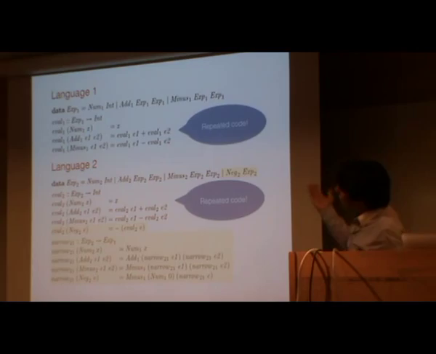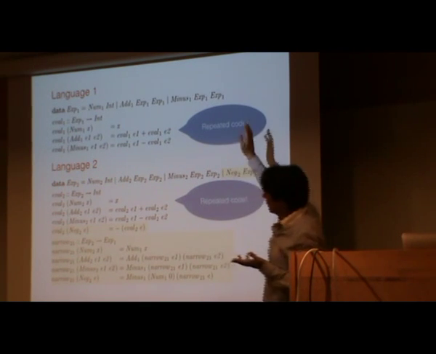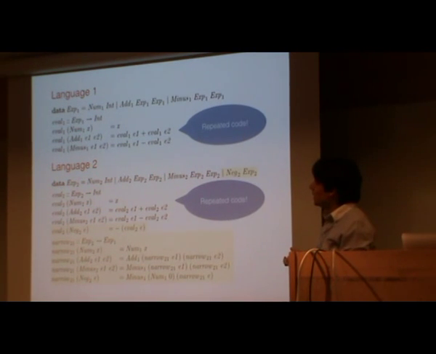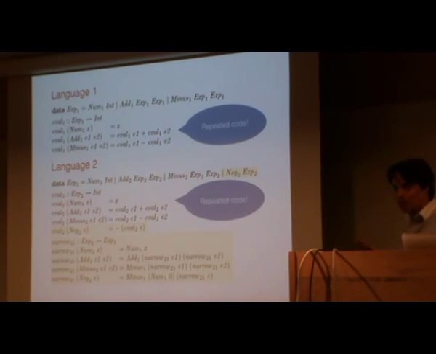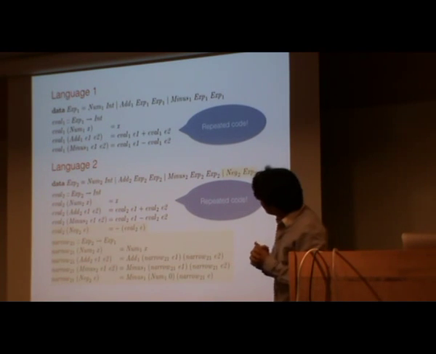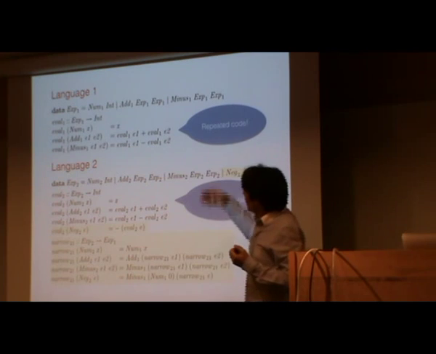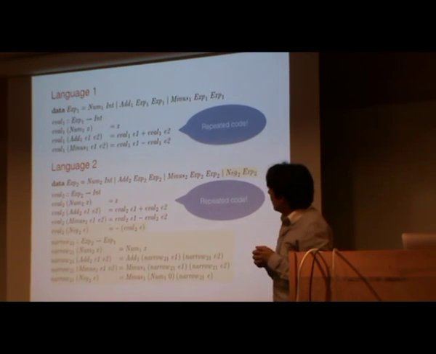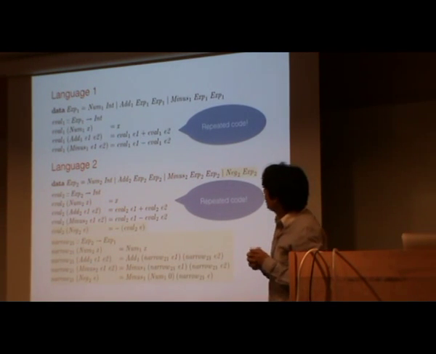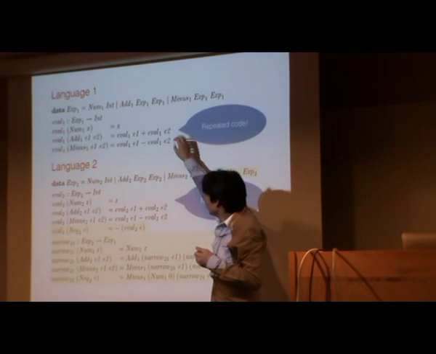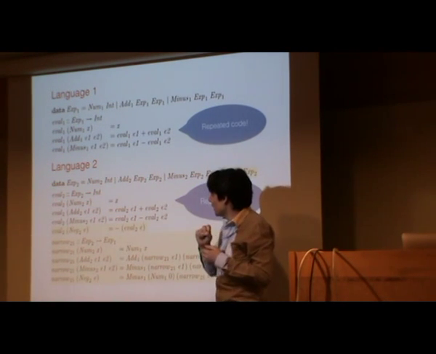But let's say that you try to implement some functions on these languages. Maybe you need an evaluator, or maybe you need a pretty printer. In a compiler, you probably need a pretty printer more than an evaluator, but you might also want to have an evaluator. If you try to implement the evaluator, what you'll see is that you need to implement an evaluator for this language and an evaluator for that language.